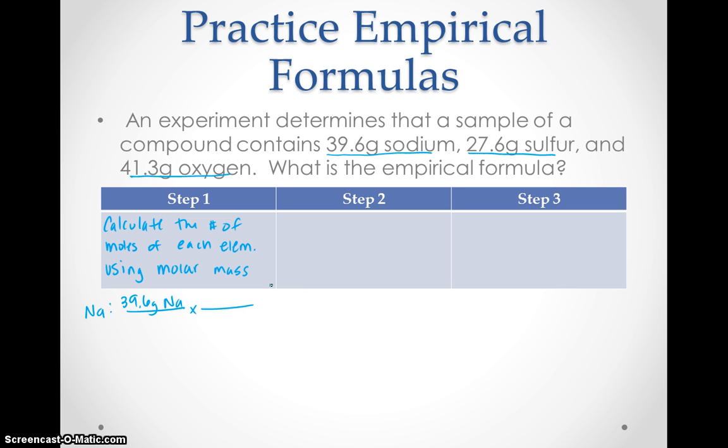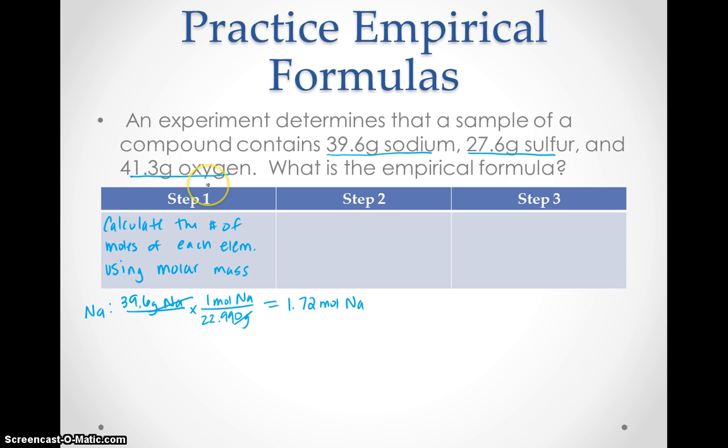I look at my periodic table and I see that it's 22.990 grams of sodium for every 1 mole. In order for my units to cancel, I have to put my grams on the bottom, and I put my moles on top. My grams cancel, and I do the math in my calculator. Because I'm starting with 3 sig figs, I need 3 sig figs in my answer, so I would have 1.72 moles of sodium after that calculation.